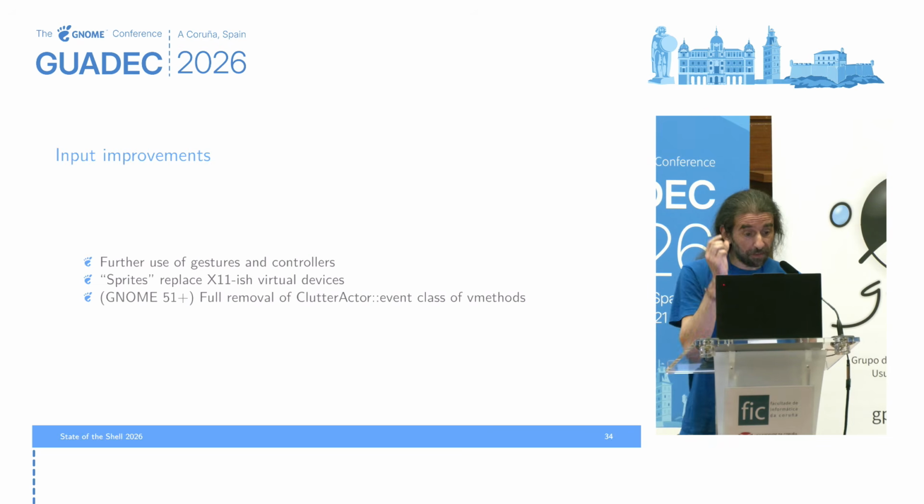And as I said, the plan would be achieving the full removal of event handlers in Clutter Actor. It's got a plethora of signals and methods that you can connect to in order to handle button presses and motion and whatnot.